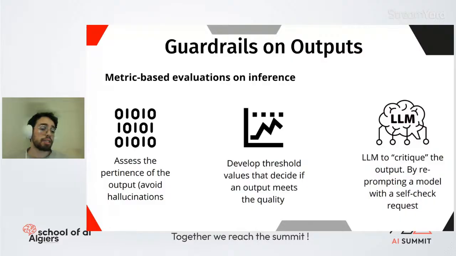This is really a nice approach because it's a self-enhancement loop, and it also permits automation. But the challenge here is to use a good LLM for the critique, and most likely it will be a closed source one.